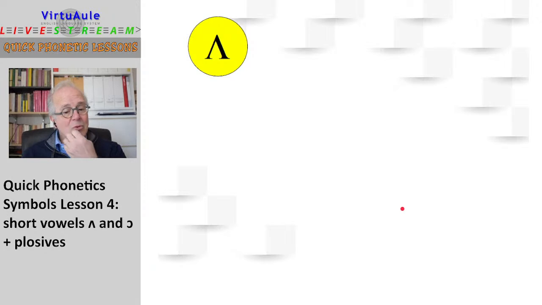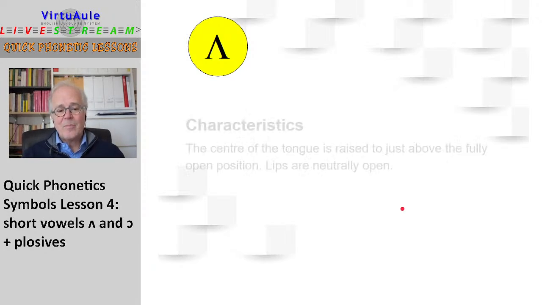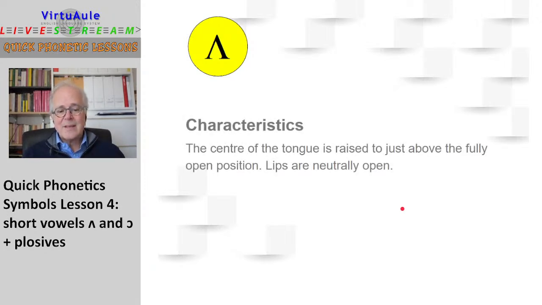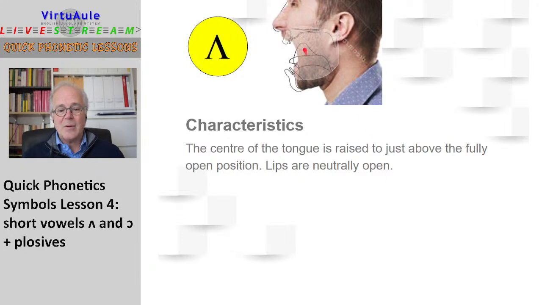Let's look a little closer at this symbol. The characteristics: the center of the tongue is raised to just above the fully open position. The lips are neutrally open. What does that mean? Here we have a representation of a mouth with a diagram of the tongue and the teeth.